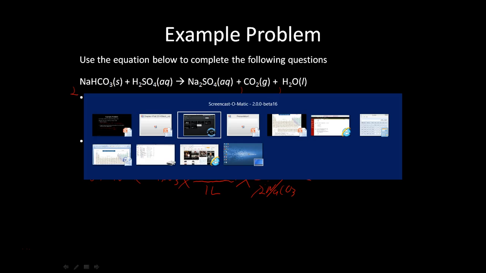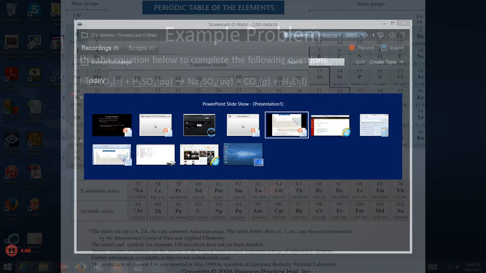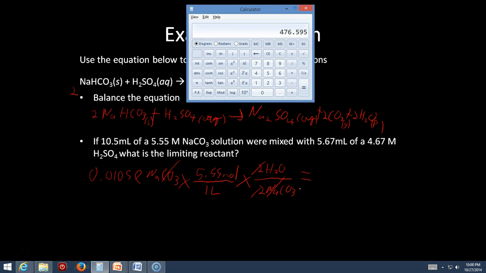So getting out my calculator. Where's my calculator? There it is. Okay, so 0.0105 times 0.8.